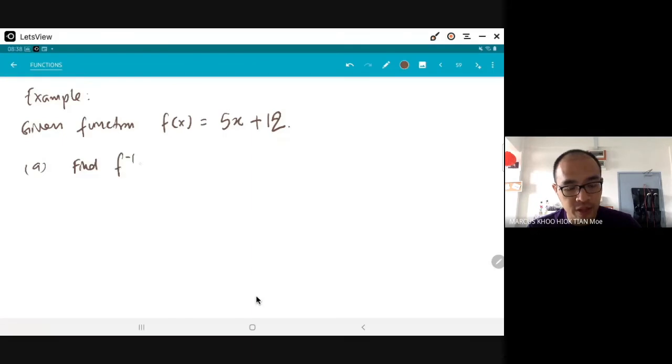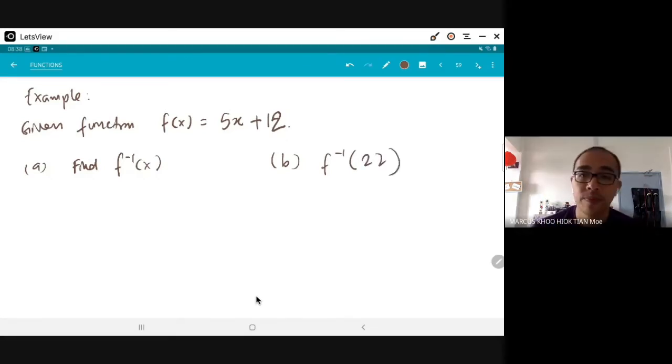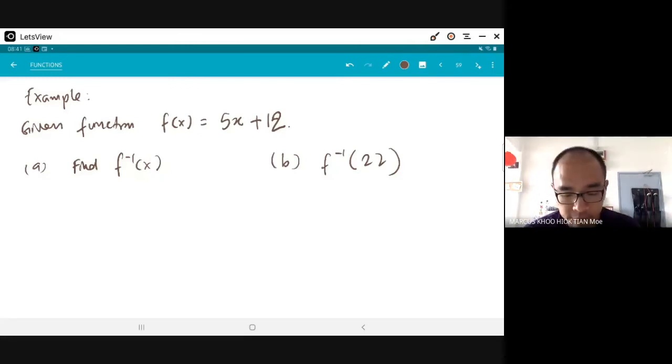And question B, find the inverse function of 22. Refer to the example on page 28 to help you find the steps. x minus 12 over 5 and 2.